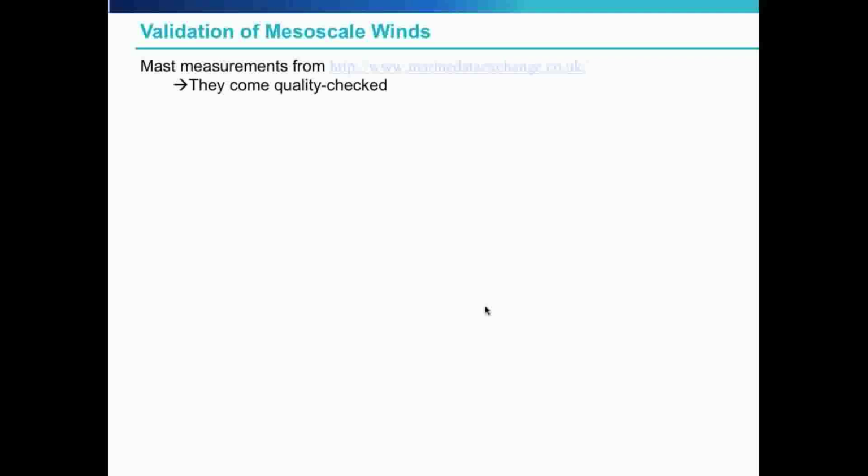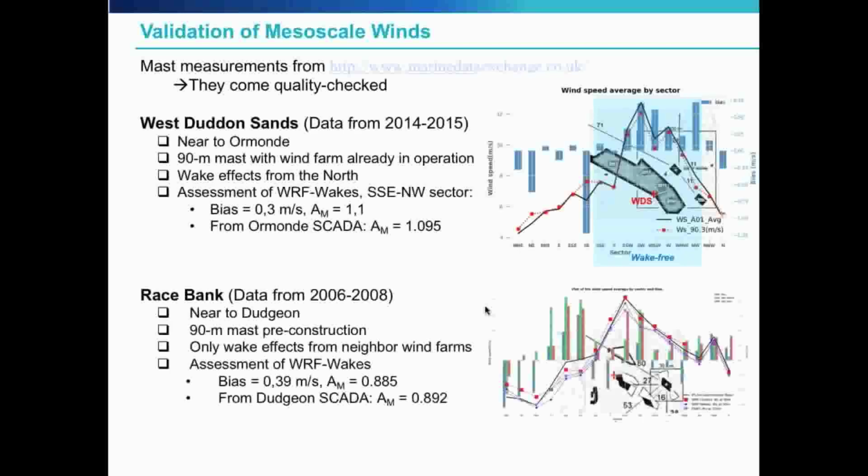We try to see how this compares with actual meteorological observations. And for that, we have two case studies. One is west of Dublin Sands. And here you see when we compare this mesoscale correction factor from the SCADA with that from a met mast, we see that we are pretty close. The same goes for Racebank.